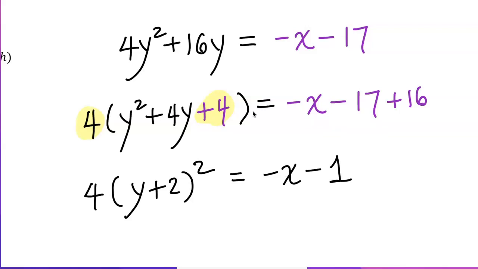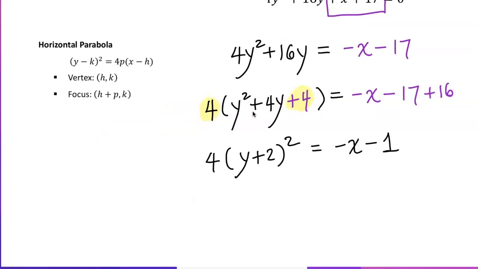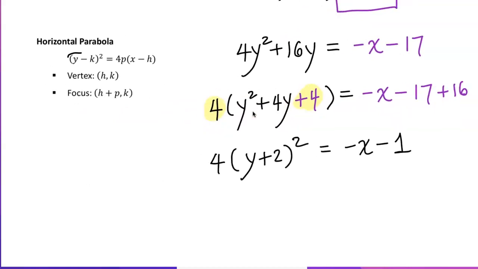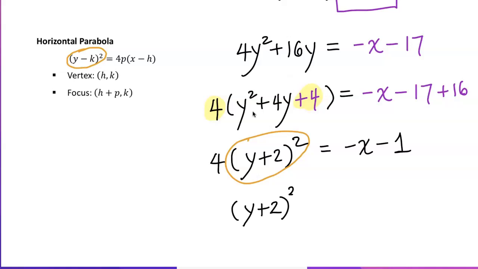Now this looks somewhat alike, okay? It's not quite there yet, but watch. See, what we got is that y minus k squared, okay? Let me circle that. We got this y minus k squared on the left side, okay? We don't need the 4 there. You notice that? We don't need that 4 there. So I'm going to divide both sides by 4 so that y plus 2 can be completely by itself. Okay?